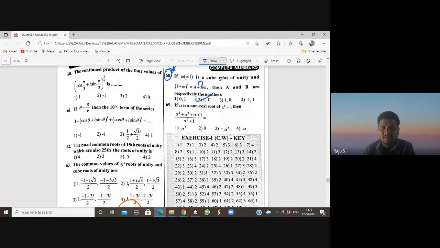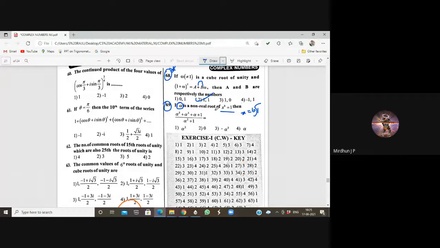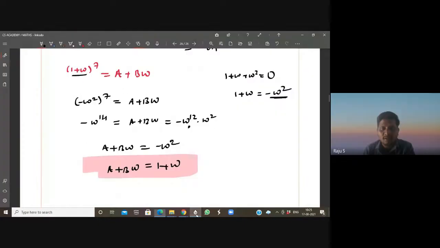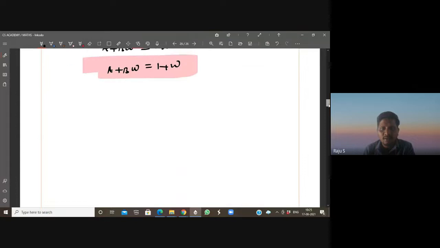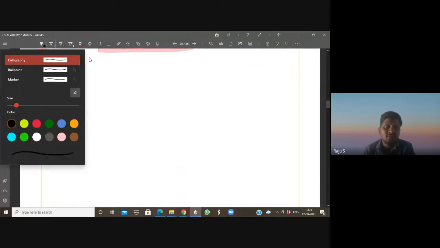Clear, students? Right, next. The last question, question number 69. They have given the sixth root of unity. x is equal to, it can be written as the sixth root of unity, not cube root of unity, sixth root. Anyhow, let's see. Here alpha is x power 3 whole power 2, or else we may write simply the formula directly.